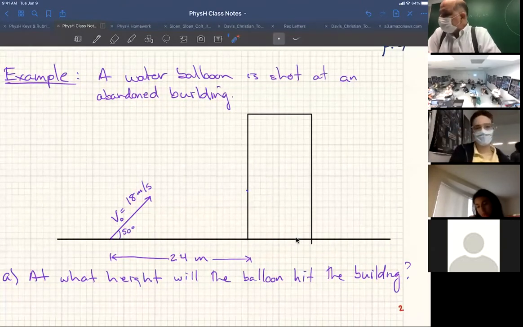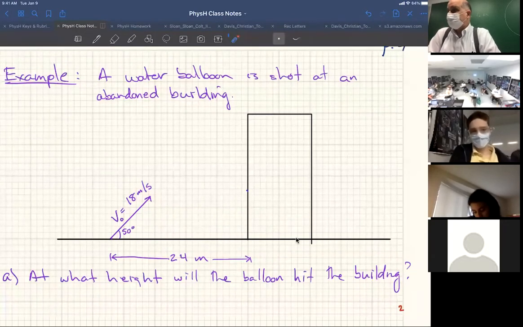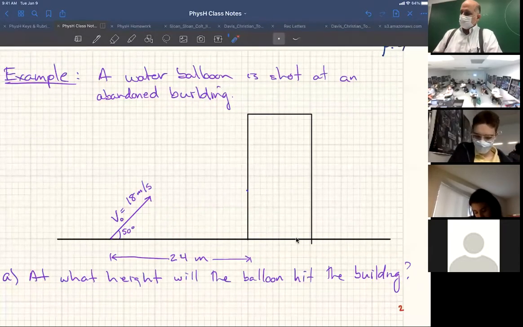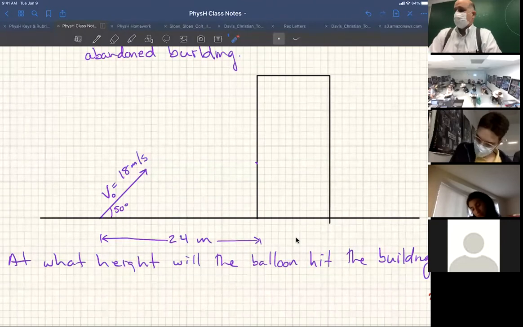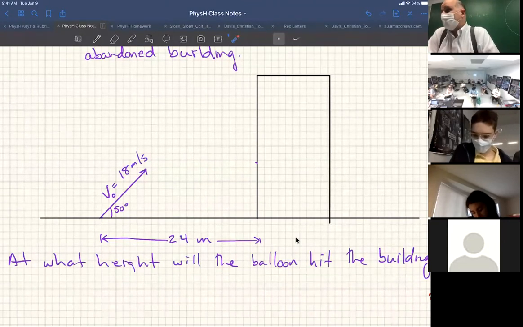A water balloon is shot at an abandoned building. The resultant velocity is 18 meters per second, and it's shot 50 degrees above the horizontal. And it's shot from a distance of 24 meters away from the abandoned building.